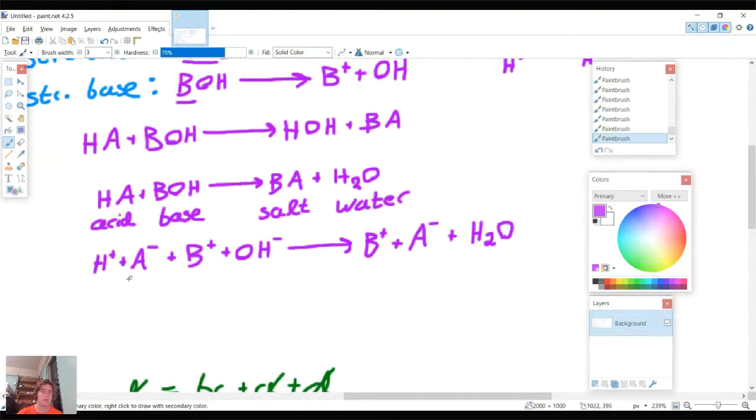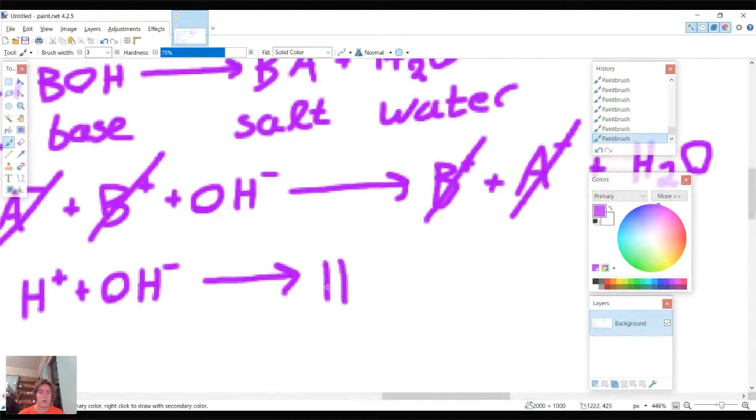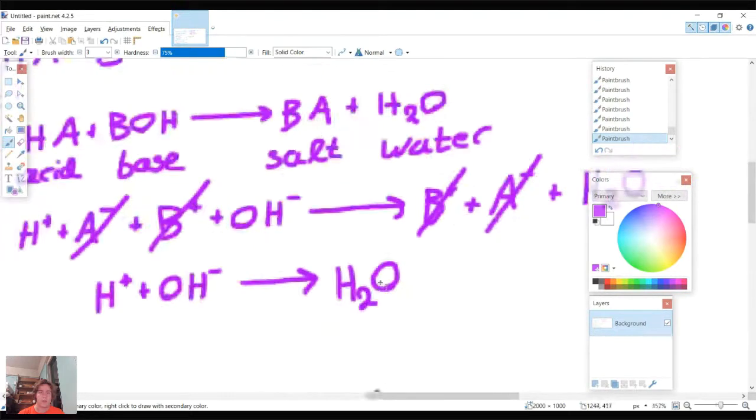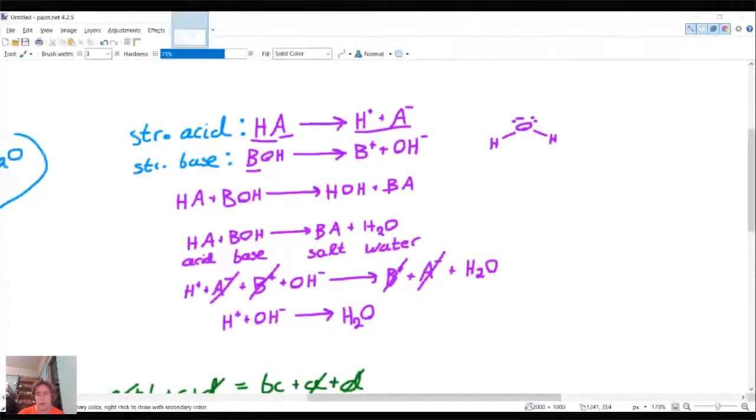But now this cancels with that, and this cancels with that, and we get, as expected, H plus OH minus turning into water. So yeah, now we've generalized what happens with a strong acid and a strong base reacting together. Does that make sense?